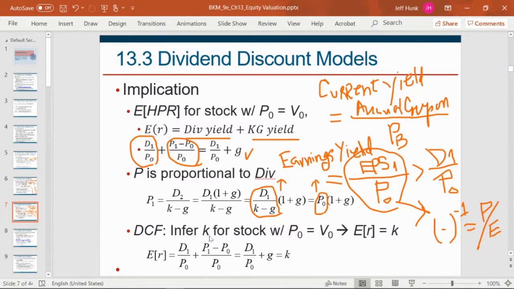We infer the required return, or cost of capital, for a stock with market price at time 0. Then this is the intrinsic value, right?